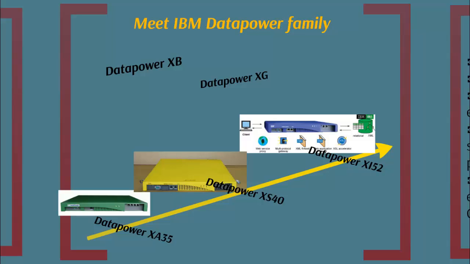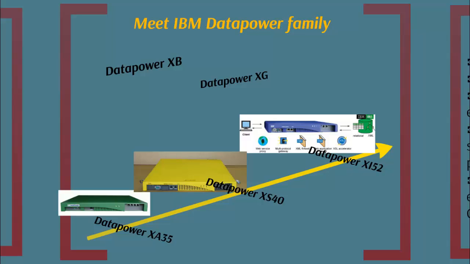And now let's talk about XI52, which is the top level model of the Datapower. The original color of the box was blue, but I'm not sure what colors it comes in. Since IBM has taken over the Datapower company, I think this box now comes in black, and in fact all the boxes come in black now.